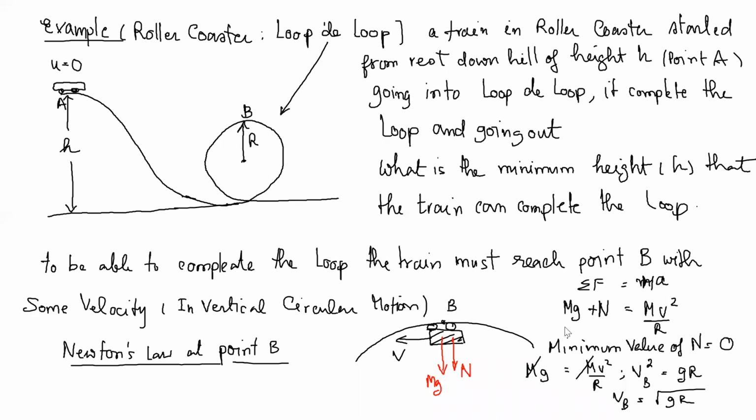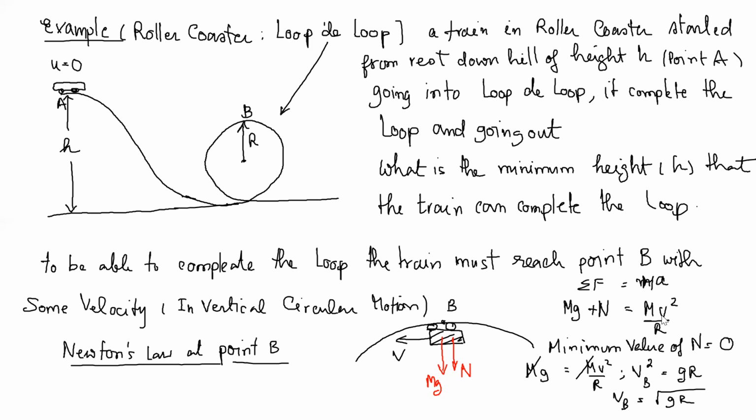So at this point, we get mg plus N equals mv squared over r. The faster the speed, the stronger the normal force, because when the train reaches here, it tries to go in a straight line, and then it compresses the ramp, and then the normal force appears.